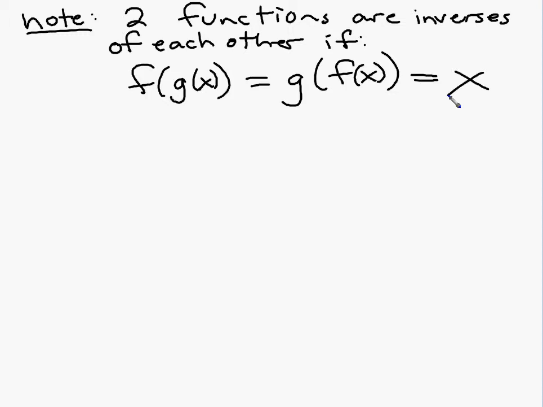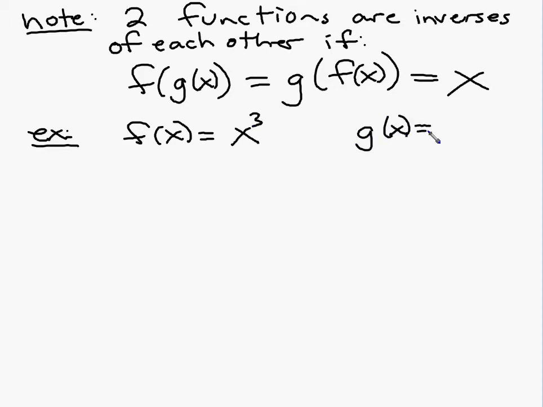Okay? So, for example, let's consider these two. F of x equals x cubed, and g of x equals x to the 1/3 power, which is also like the cube root.